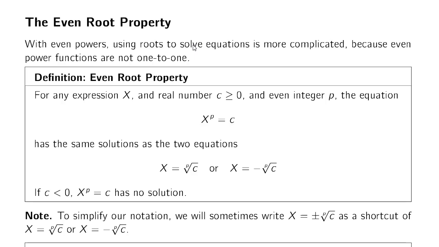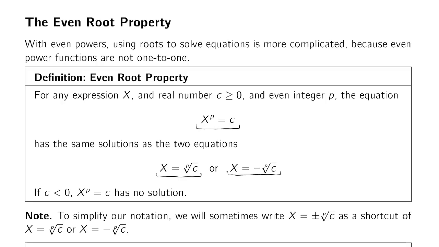So if we have an equation where a positive power function is equal to some number, then the input of that power function is either equal to the positive root or to the negative root.